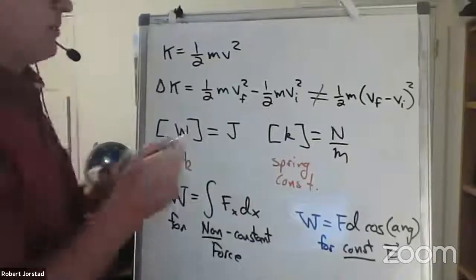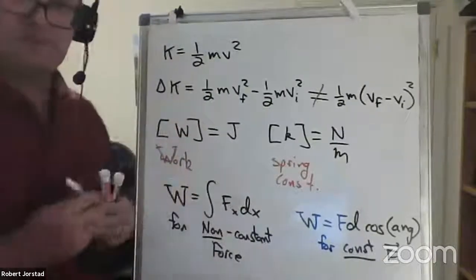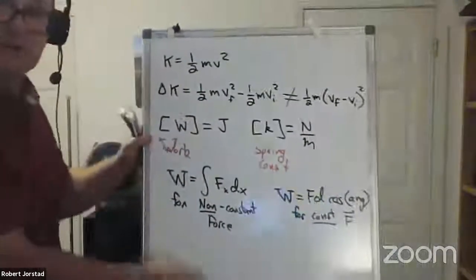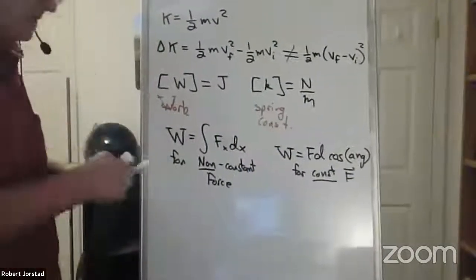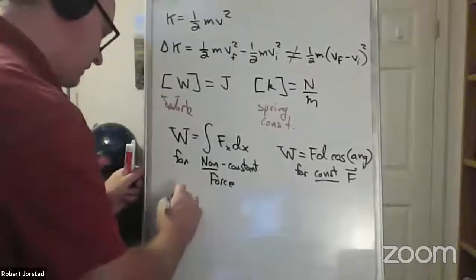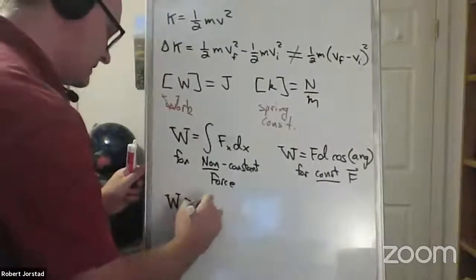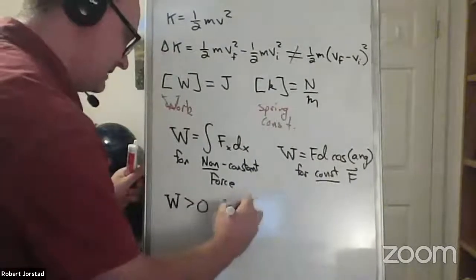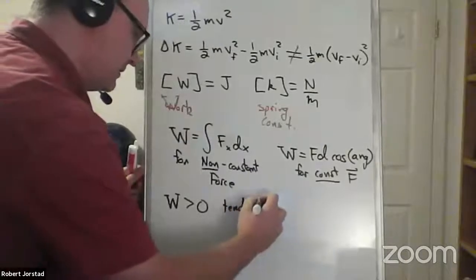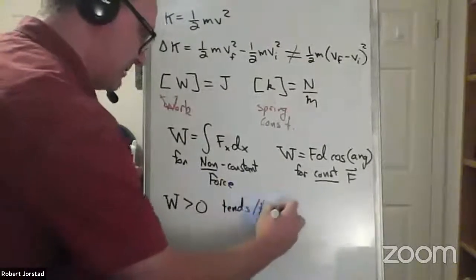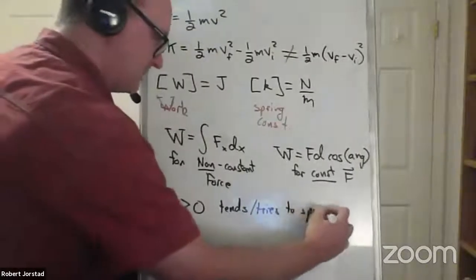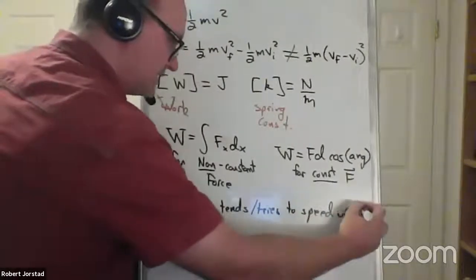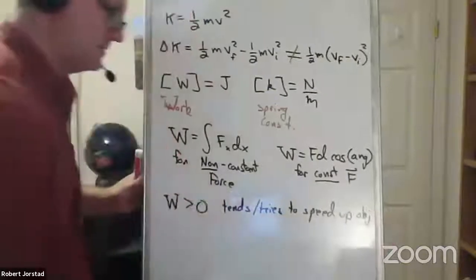I guess another big one is, let me just scroll back a bit longer. Kind of a big takeaway, right? Remember that if work is greater than 0, it tends or tries, it may not succeed, but it tends or tries to speed up something. I'm just going to say OBJ for object.